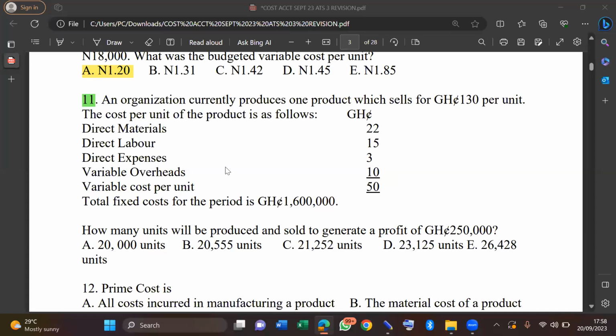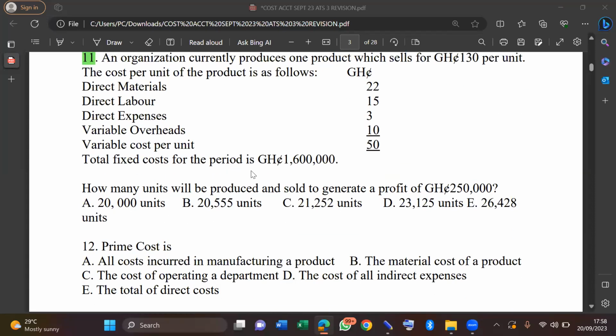How many units should be produced and sold to generate a profit of 250,000 Ghana cedis? Our production will be equal to our sales.